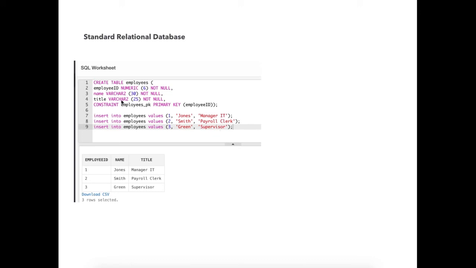If we try to enter anything else, any other data types in these fields, we will be prompted with an error. What do I mean? Employee ID must be numeric. Name must be varchar. If we set up the structure of the table to be varchar or numeric, when we enter the information, it has to be varchar or it has to be numeric.